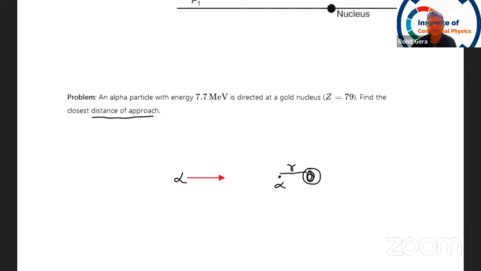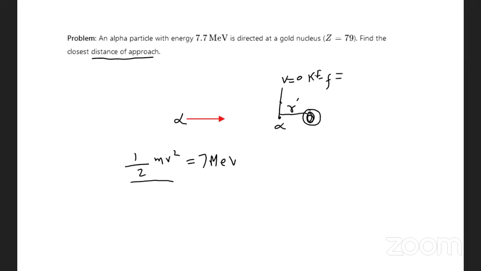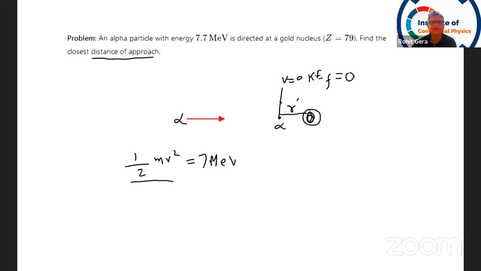So half mv square, which is the energy of the alpha particle, is equal to 7 million electron volts. When it stops, it is stationary here, so its velocity is zero and the final kinetic energy is zero. So where has the energy gone?